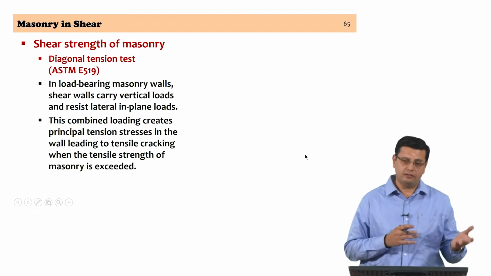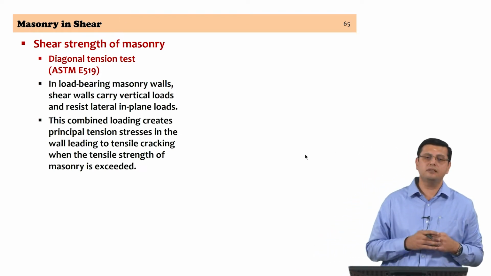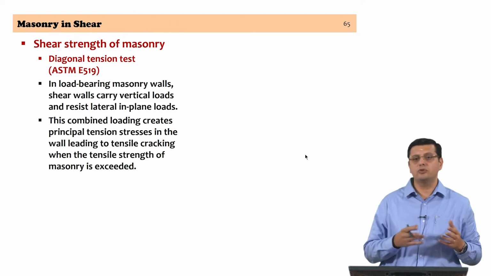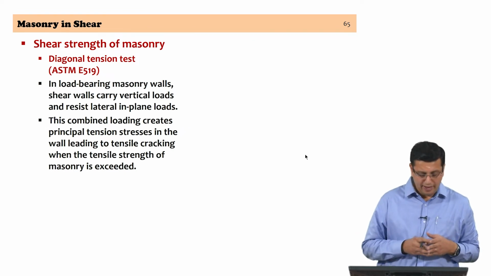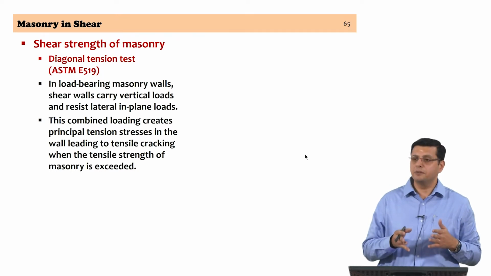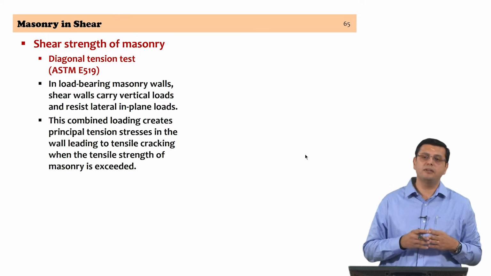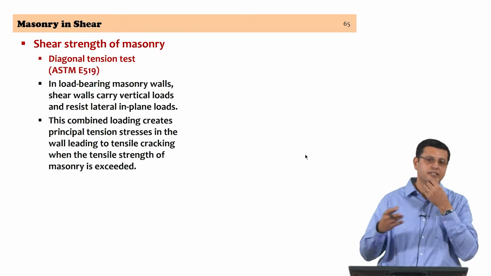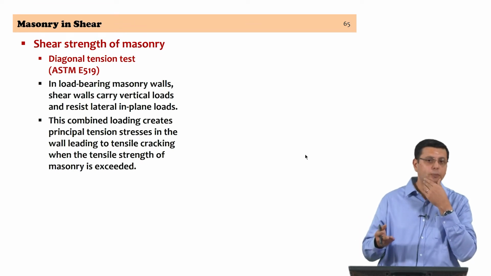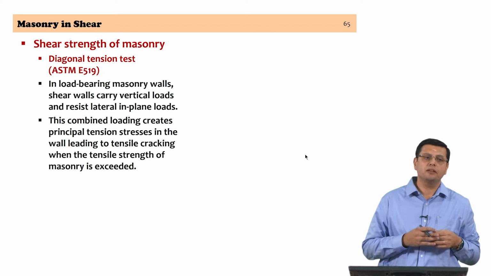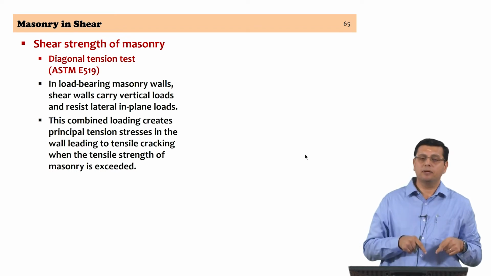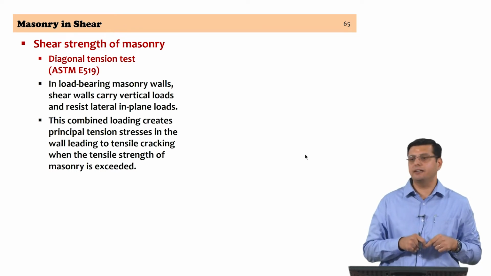So, when you have two different actions, it is important to examine the principal stresses, because you have a combination of stresses now. The principal stresses, examined under the action of shear stresses in the wall and normal stresses due to gravity, become important as far as the failure criterion is concerned.